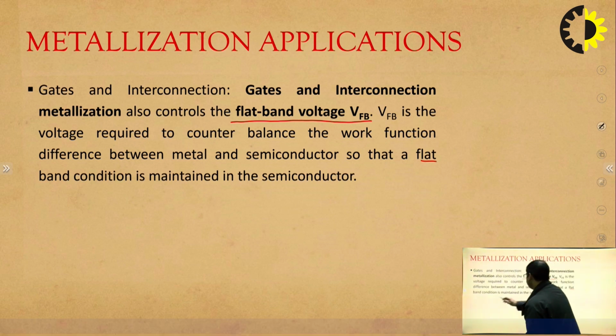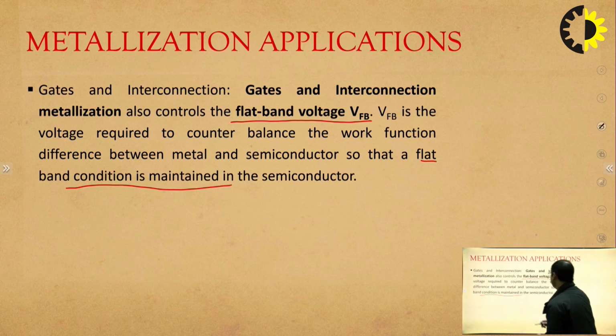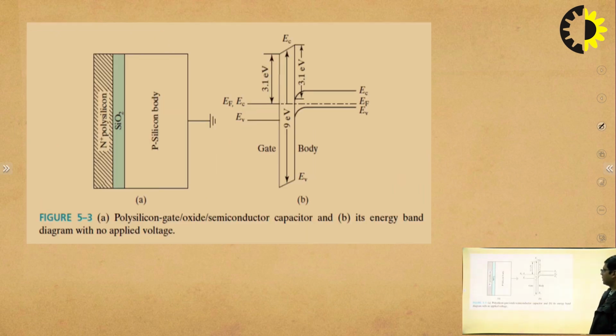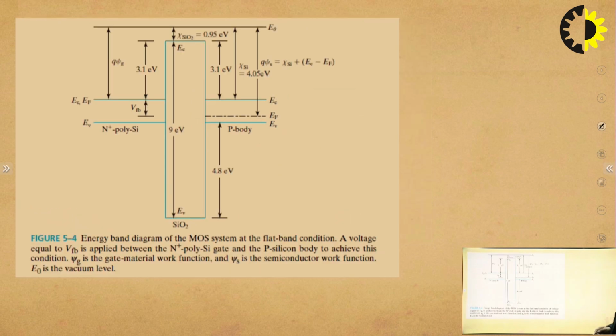A flat band condition is maintained. This is our metal, this is our substrate, and there is a work function difference. Here, with the help of the flat band voltage, the work function difference is counterbalanced.